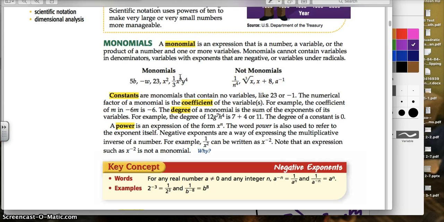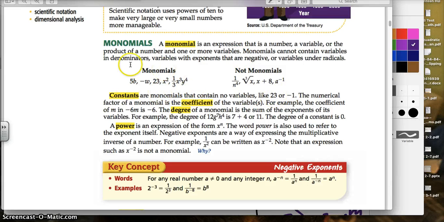Also, the powers of our monomials need to be whole numbers, and so whole positive numbers. You don't know this now, but this radical indicates that you don't have a whole number power, and we'll talk about that probably in our next lesson or so. And x plus 8 is not a monomial because notice that there's nothing being multiplied there. Literally, we have things that are being added together.